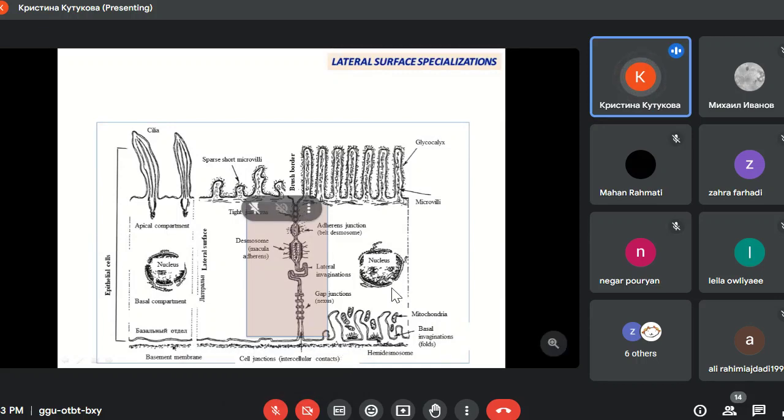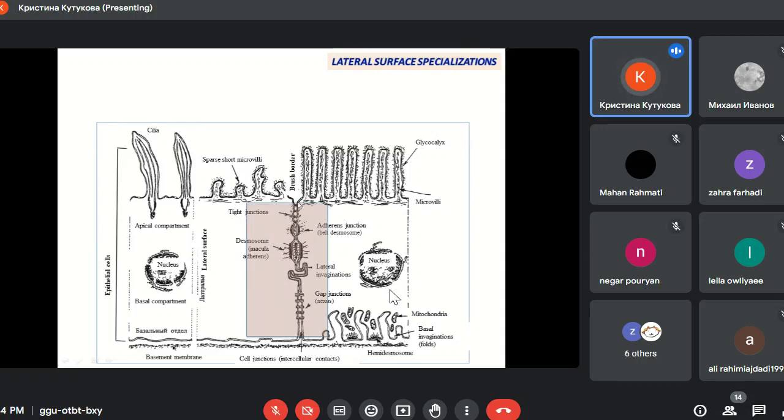So here is the top surface or apical surface of the cells. Here is basal surface of the cells. If we are talking about epithelium cells, like we see in this picture, when we go from the apical surface towards the basal surface, we will have these junctions in a particular order.